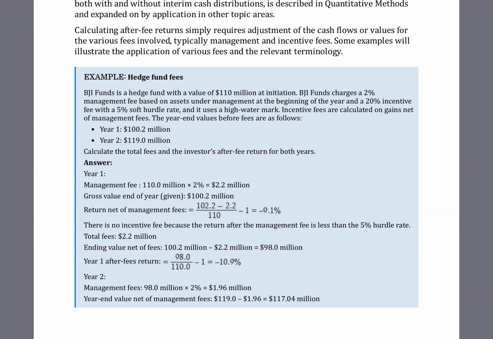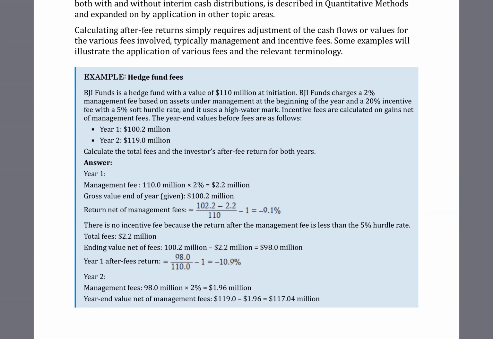When I subtract that, I get 98. I divide 98 by the beginning of period value. What I get is 98 over 110 minus 1, which gives me minus 10.9%. With this minus 10.9%, you have not met your target. Therefore, in terms of the 20%, you get nothing. Is that side clear?